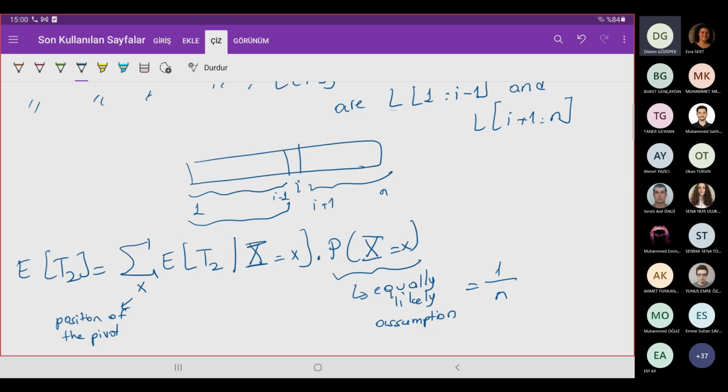So now all I need to do is calculate this expectation with respect to x, the proper position of the pivot element.